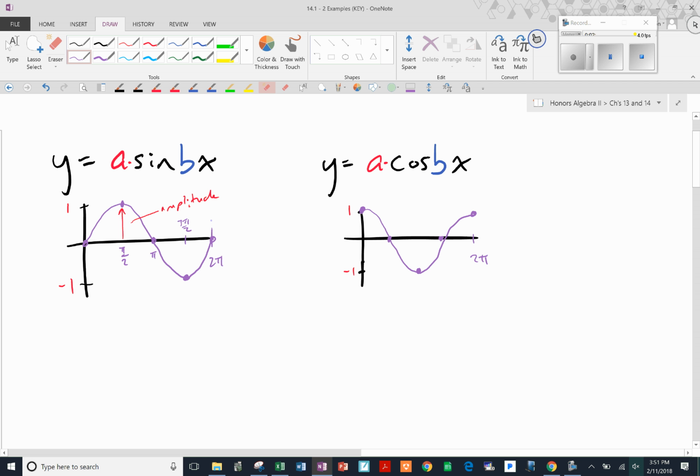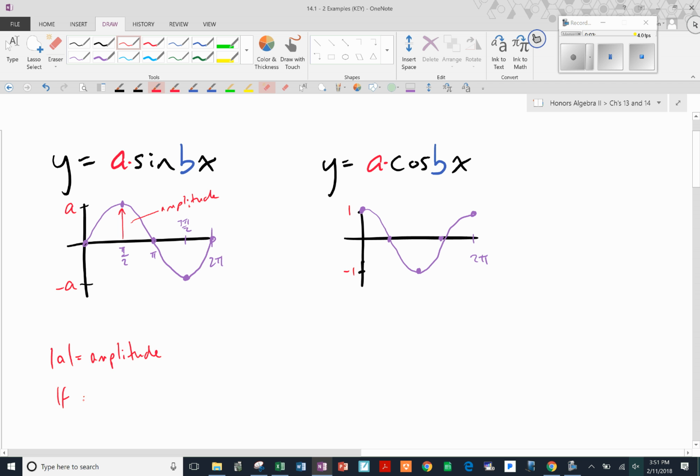But what if a and b are not both 1? Well, then whatever that a value is ends up being a vertical stretch on the function. And so these values would be a and -a. But if a were negative, let's just write this first. The absolute value of a is the amplitude.